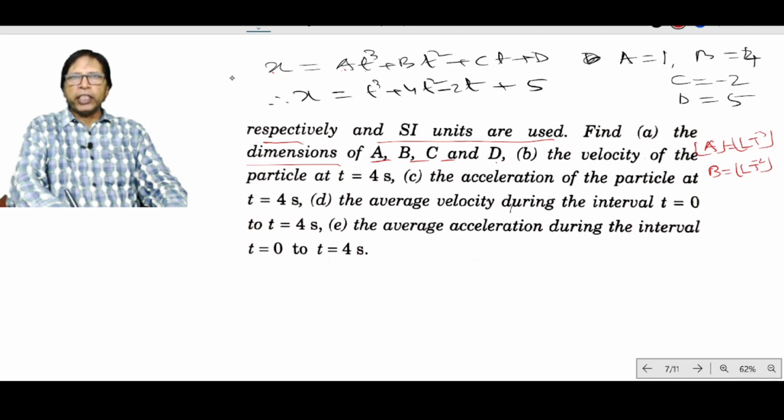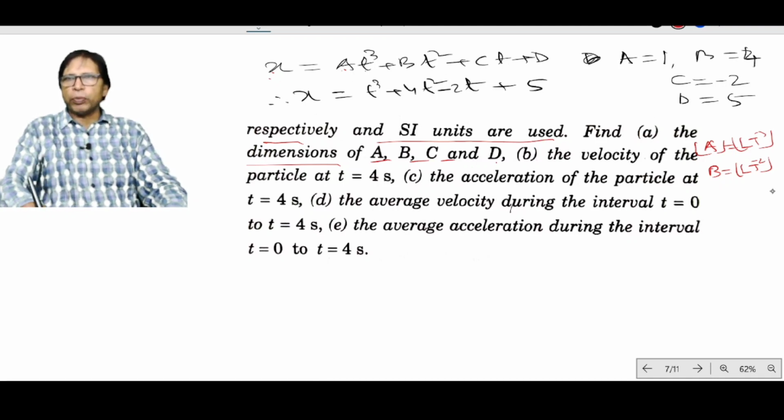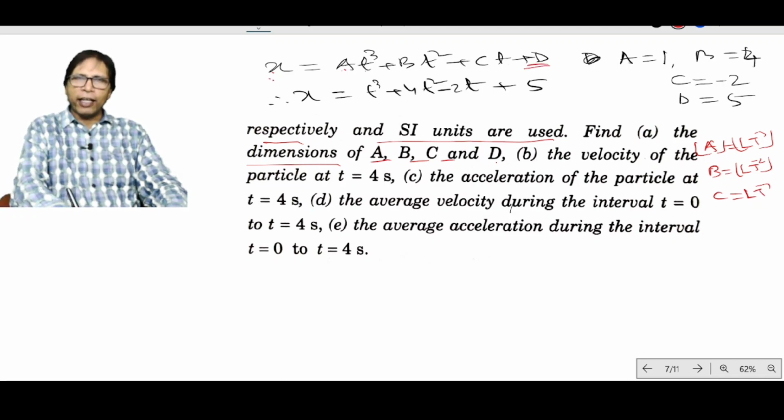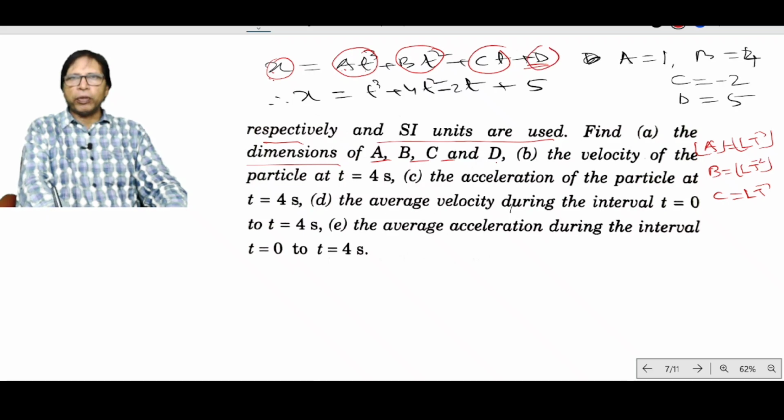Dimension of c is the dimension of x by dimension of t, so c has dimension LT minus 1, and d has dimension L. Because added terms have the same dimension, the dimension of x equals the dimension of at cube equals the dimension of bt square equals the dimension of ct equals the dimension of d.